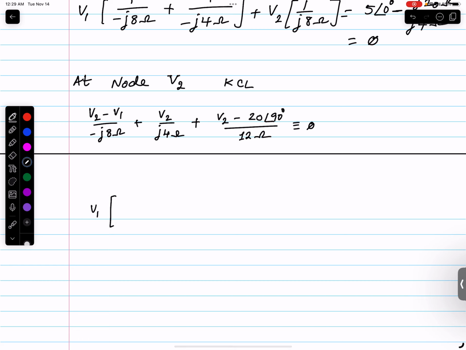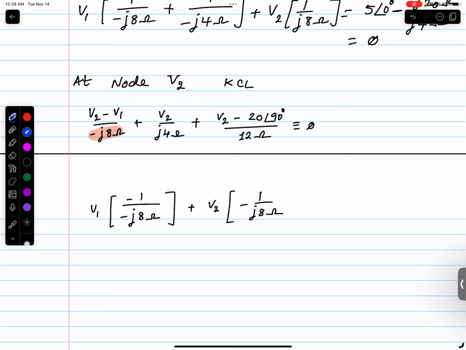V1, we're going to fight it out a little bit more. Negative 1 by negative J8 ohms. So that is coming from here. Plus I can factor out V2. I'm going to see negative J8 in the denominator, so that's negative 1 over J8 ohms.